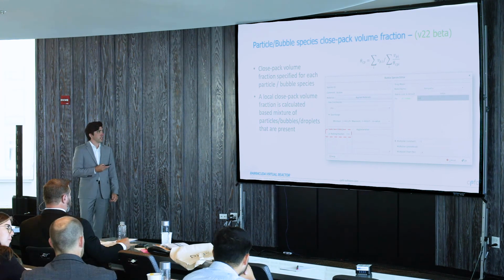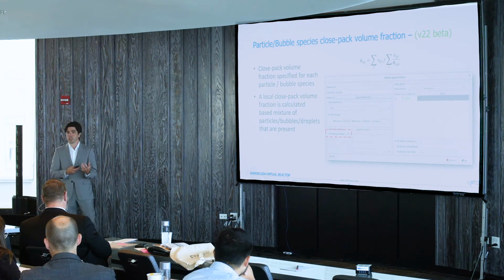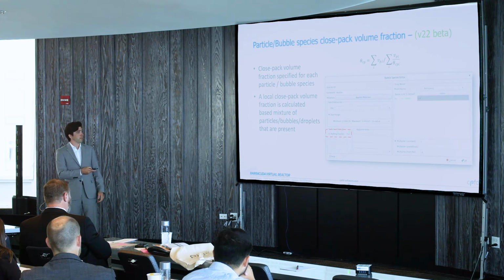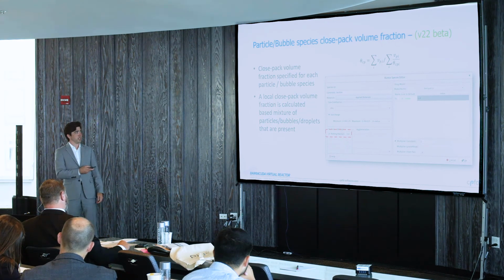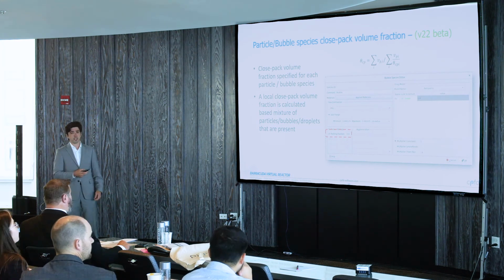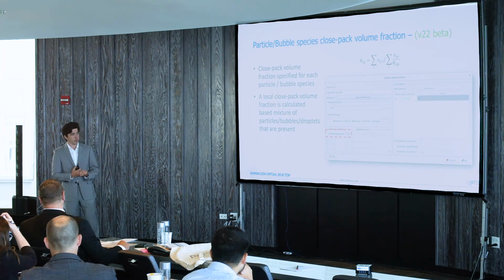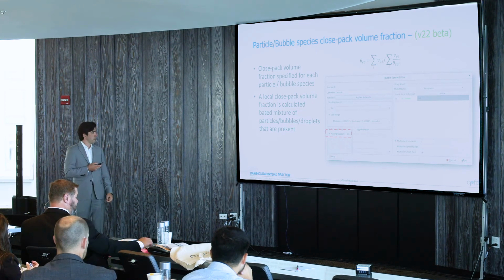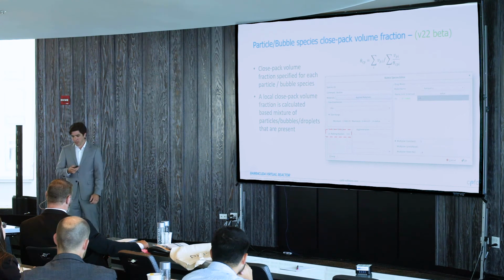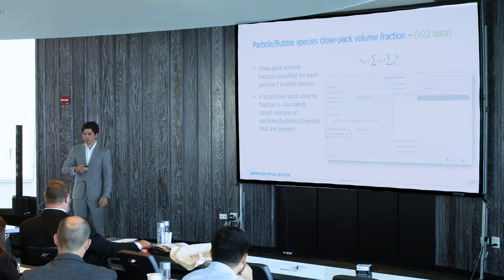It is a local close pack volume fraction that is calculated on a cell by cell basis, using the species value if it is defined here within the GUI, with the local close pack being calculated as a function of the volume of the particles present and whatever that specified close pack volume fraction is. If this isn't specified, then the global value is used. But again, this is kind of pushing up against where we're at, and things that we're going to be continuing to look at and validate in the future.